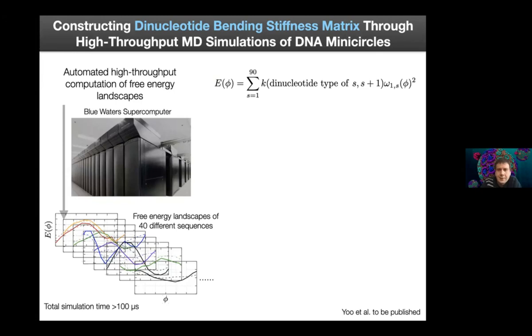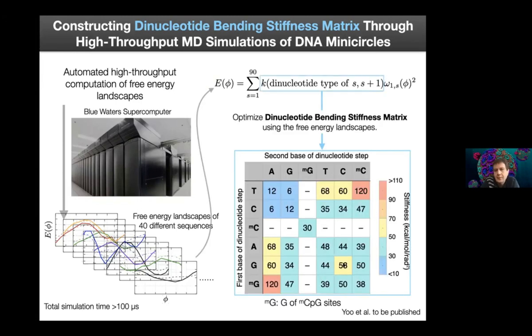At the end of the day, we obtained a new parameterization of DNA stiffness at the level of dinucleotide approximations, where for all combinations of nucleotides we have a stiffness parameter, including methylated DNA. I think that has not been done before. And good, so we've done it.